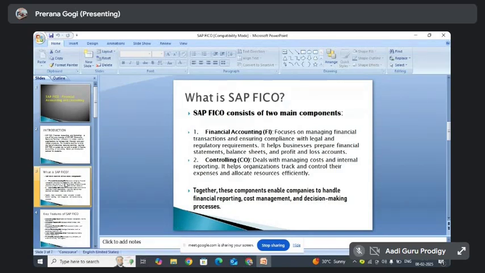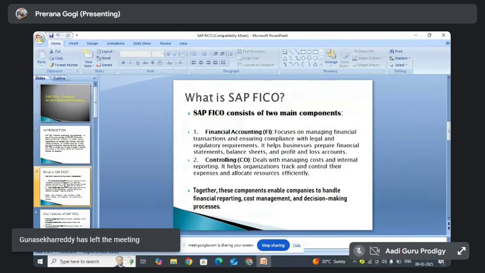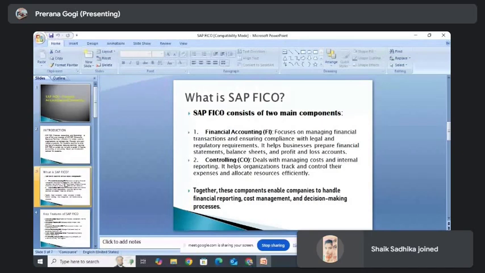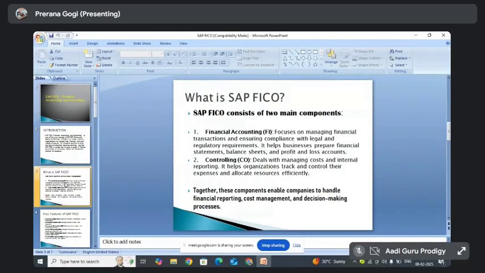Now what is this controlling? Controlling deals with managing costs and internal reporting. What is this internal reporting? It is a kind of audit that internal people do for our internal purposes of controlling the finance. Probably for an XYZ project, if it is a construction department, I am giving an example.